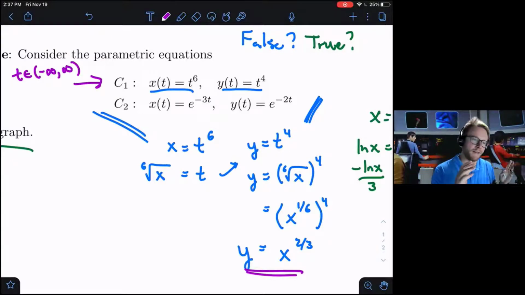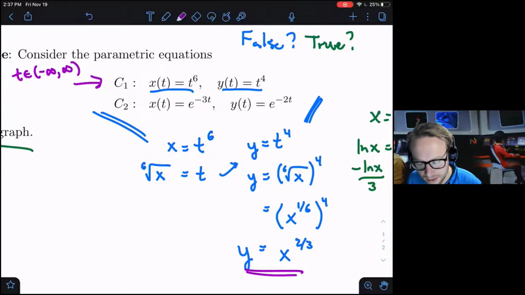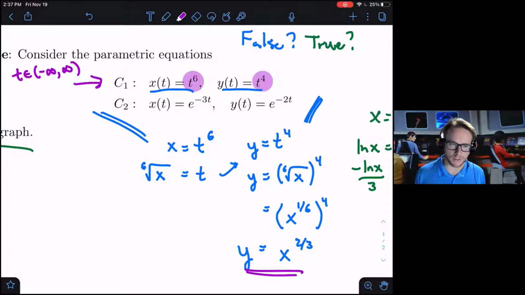So if I plug in very, very small values for t, -100, stuff like that, all the way up to very, very large values, notice that in both of these situations we have raised to even powers. Whenever you have raised to even powers, that means that the smallest thing that you can output is 0, going all the way up to positive infinity.